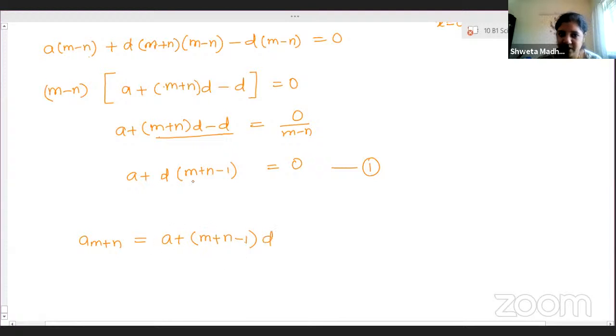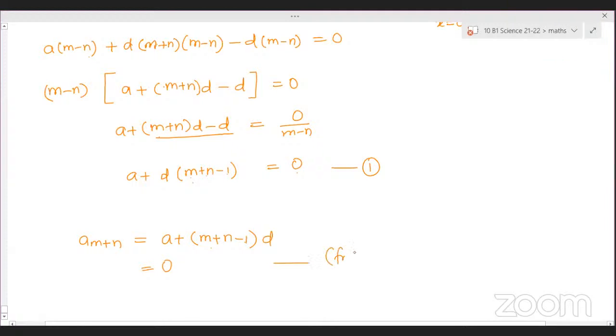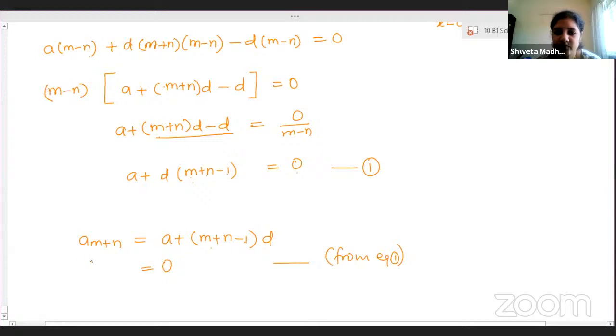So the same term is here: a plus (m plus n minus 1) in bracket into d. What is the value of this? 0, from equation 1. So the (m plus n)th term is 0. Clear?